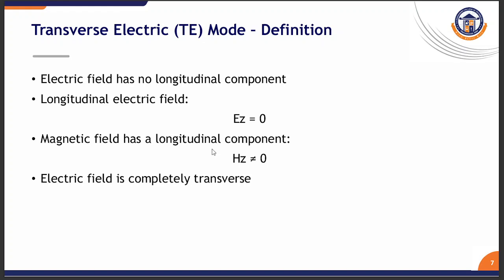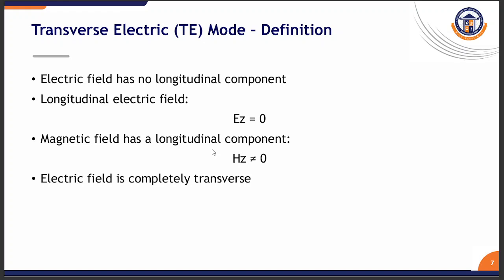This means that the electric field exists entirely in the plane transverse to the direction of propagation, whereas the magnetic field has both transverse and longitudinal components. The absence of the longitudinal electric field arises directly from the boundary conditions imposed by the conducting walls of the waveguide.